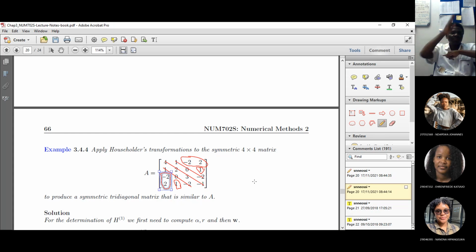First step is to zero in the first column, first row. Second will be second column, second row. So we will compute A1 and A2, just those 2.